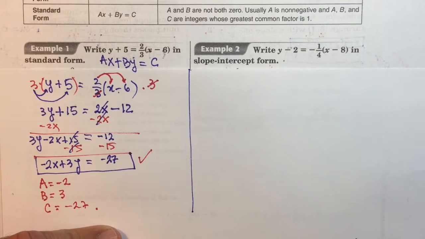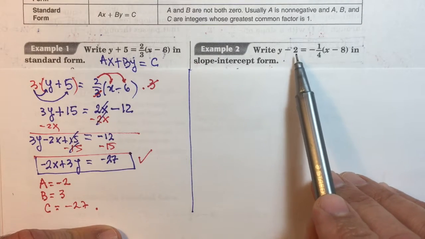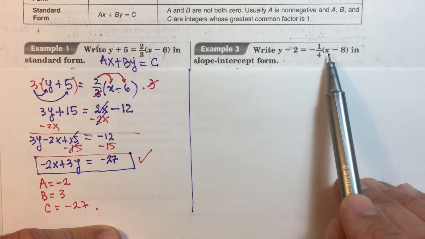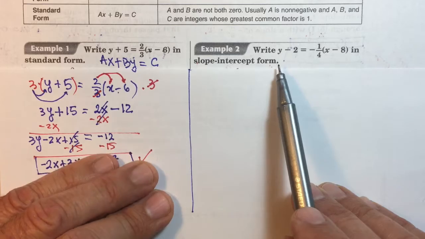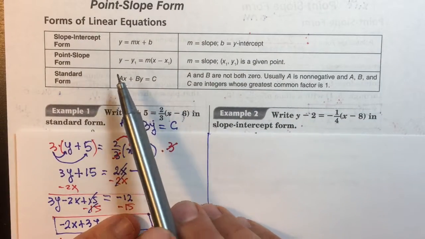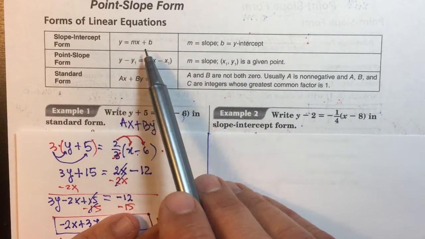Example number 2 says write y minus 2 equals negative 1/4 times x minus 8 in slope intercept form. So we see here which one is the slope intercept form, and it's this one, y equals mx plus b.